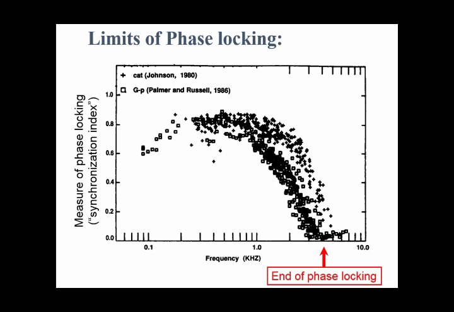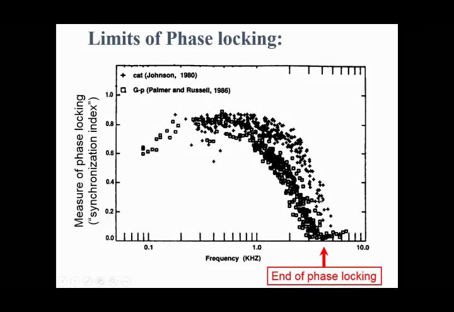Now, it has been measured in many nerve fibers, psychophysically as well, but here specifically for a cat and a guinea pig, because it's difficult to do this experiment in humans, obviously. They measure it as a function of frequency: 100 Hertz, 1 kilohertz, 10 kilohertz.